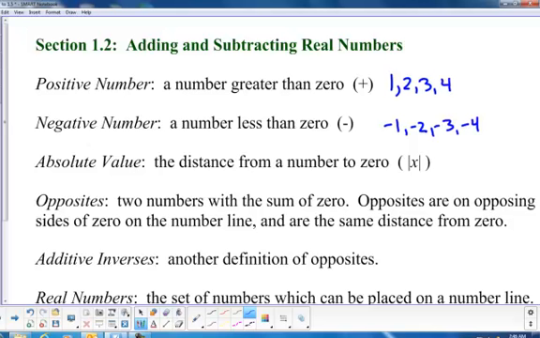Absolute value is a measure of distance, so everything becomes positive. The absolute value of -5 is 5. The absolute value of 7 is still 7 because it's 7 away from the origin. If you had something like -12x, it's a distance of 12x from the origin. The origin is 0.